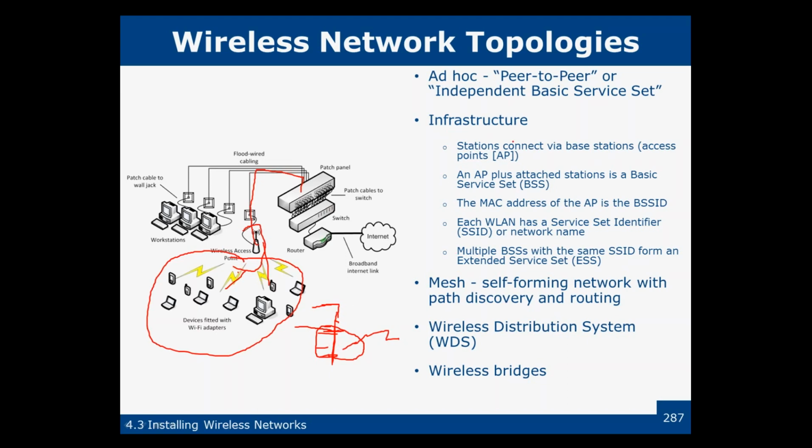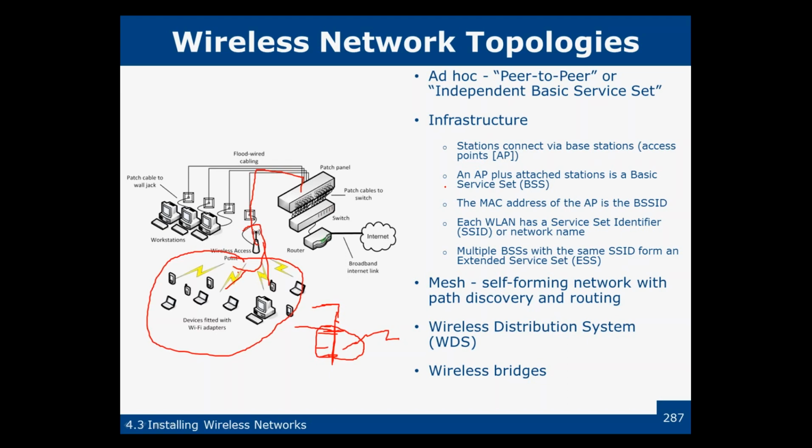So the infrastructure stations connect via base stations, the access points. This is for a larger infrastructure, and what they don't show here, they show a switch, but it's going to be a controller. We're going to have a wireless controller, which will be a switch, and it's going to configure and manage the access points for us.